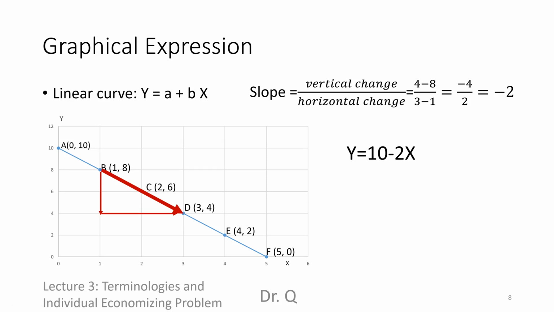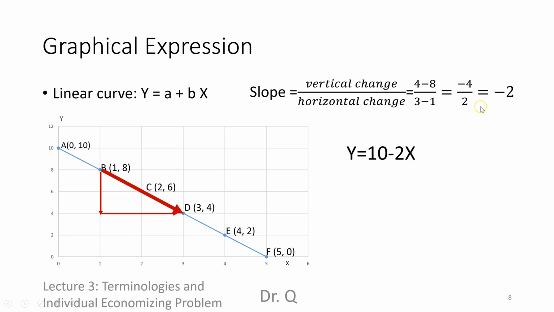That means if we pick any 2 points on the line, we put the change in y value on the numerator, the change of x on the denominator, and the ratio of the two gives us the slope. Here, if we pick these 2 points, (1, 8) and (3, 4), the vertical change from B to D is -4. The horizontal change from B to D is 2. So the slope is -2.